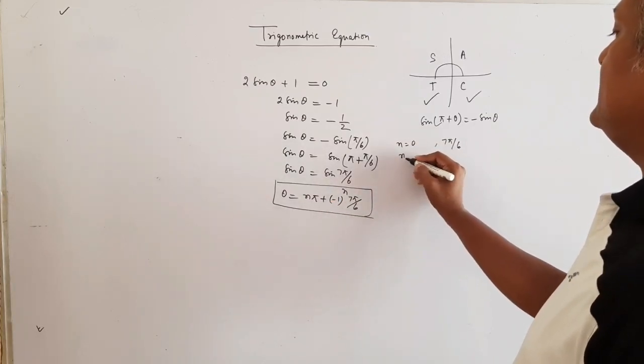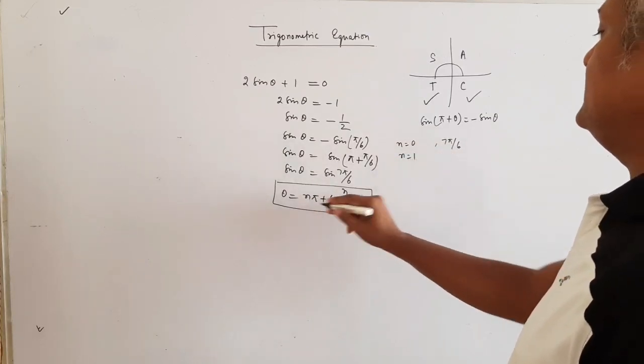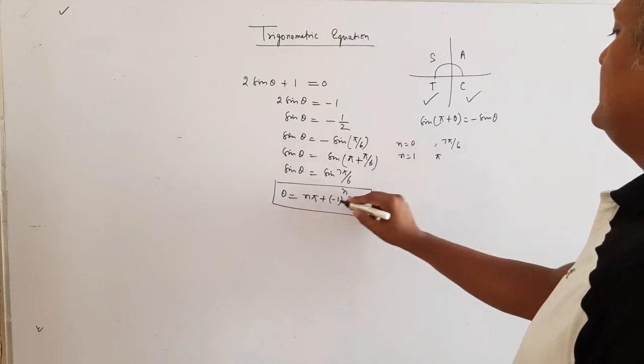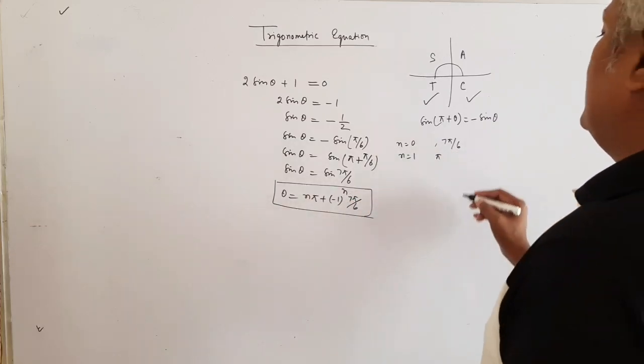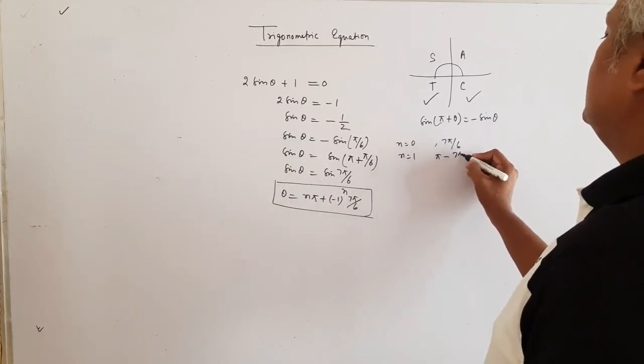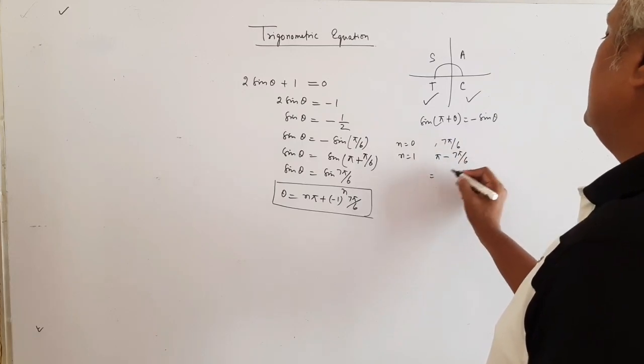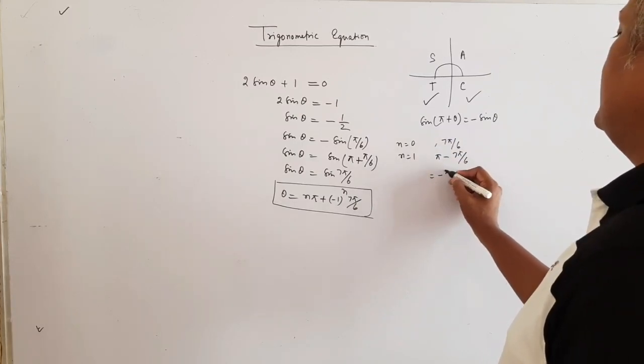If I put n is 1, then this is n pi, that is pi, and this becomes minus 1 to the power 1, that is minus 7 pi by 6. Then you get 6 minus 7, that is minus pi by 6.